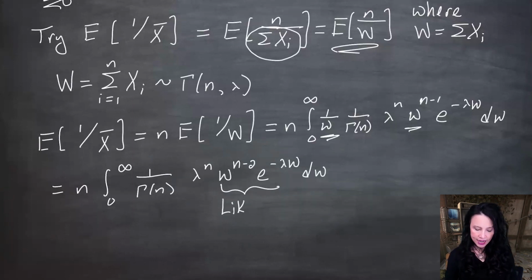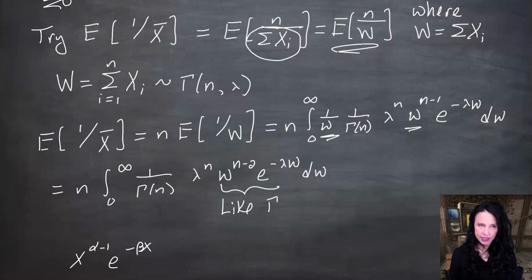So the gamma PDF had x to the alpha minus 1, e to the minus beta x, and then some stuff in the front. So it appears that alpha here is n minus 1 because this exponent is that minus another one. And then the beta exponent appears to be lambda.